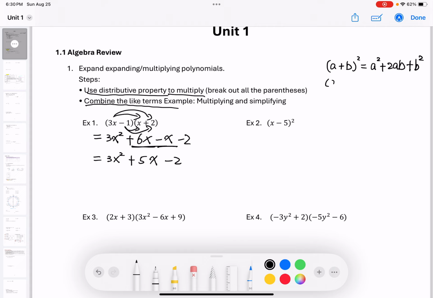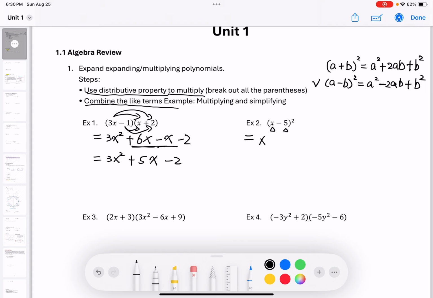And another formula is a minus b squared is equal to a squared minus 2ab plus b squared. Now, if I'm using the formula, we say the first term is my a, the second term is my b, and this is a minus b, the second formula.